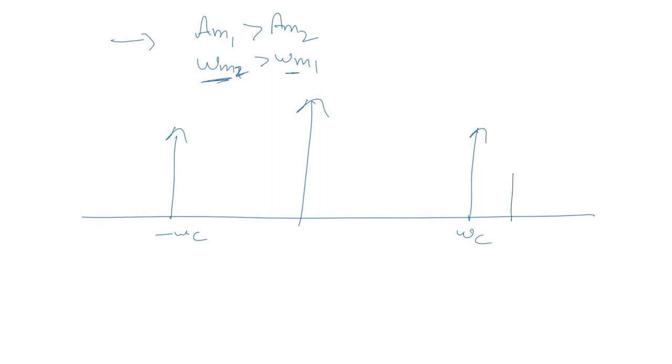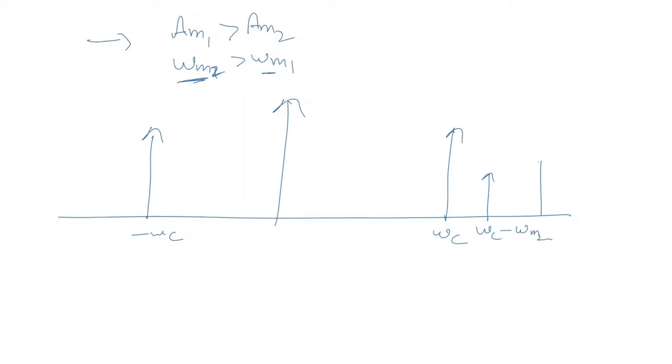This is omega c minus omega m2, and the other lower sideband will be at omega c minus omega m1.